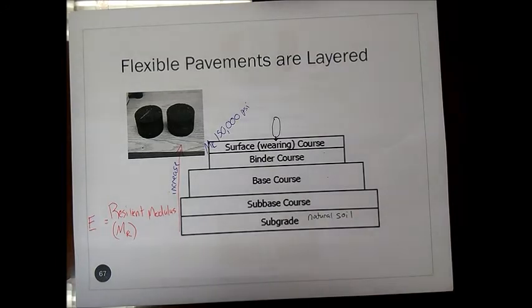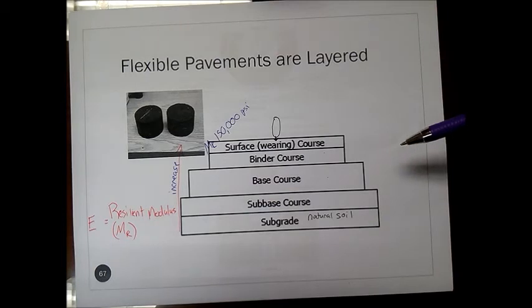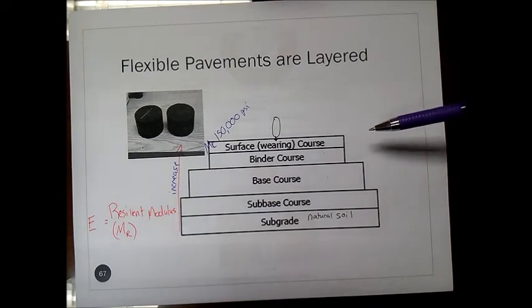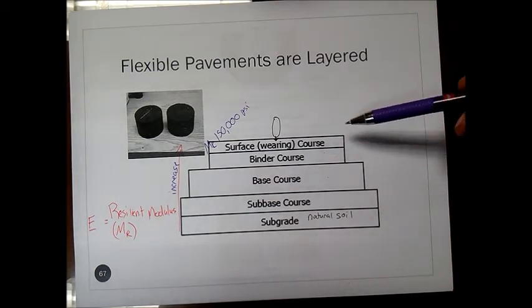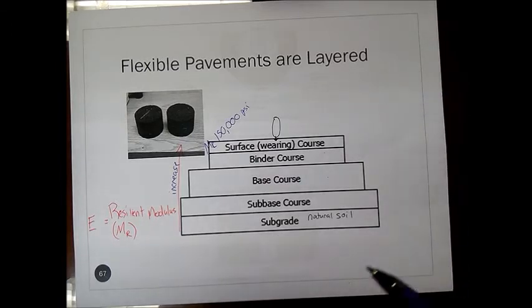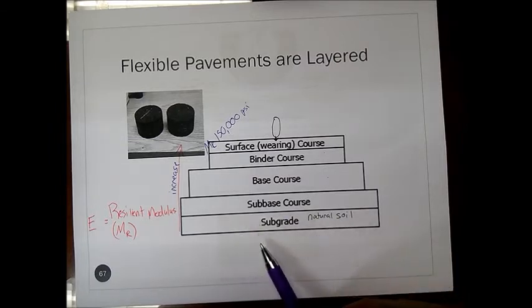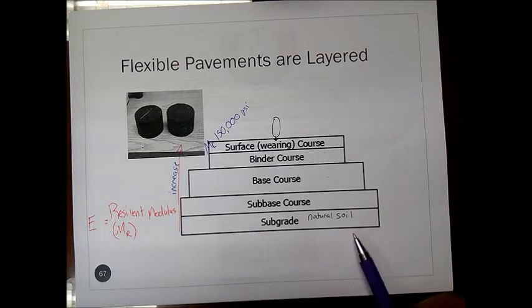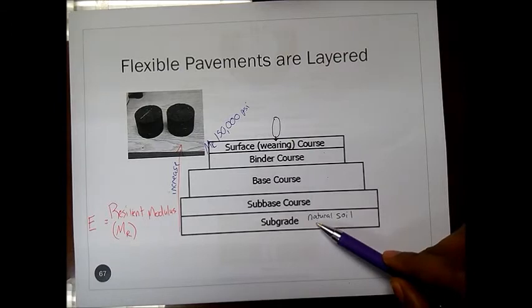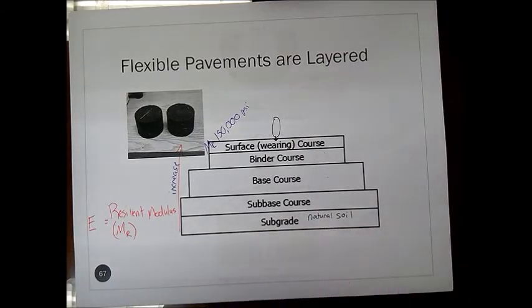So not only does the resilient modulus differ by type of surface, but it also will differ by the weather pattern, especially as it relates to the natural soil, because you can get rain, you can get water down here, there can be freeze-thaw cycles, and all of that can occur, and therefore it would affect what the actual stiffness is during a certain season.